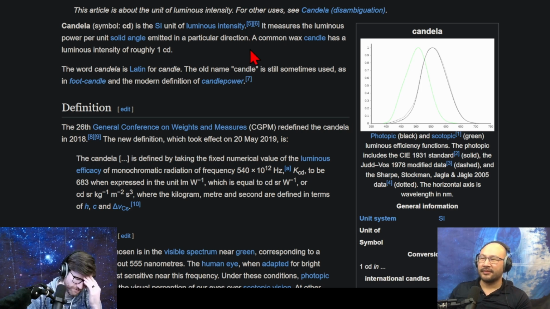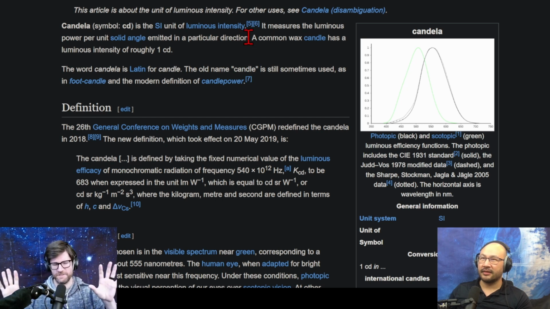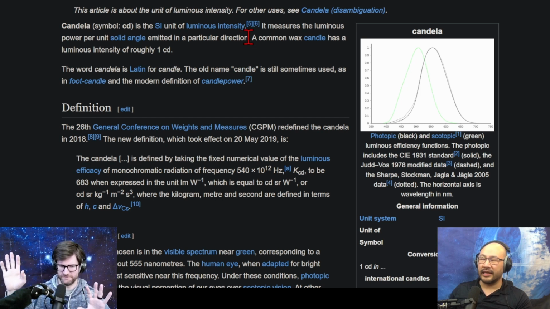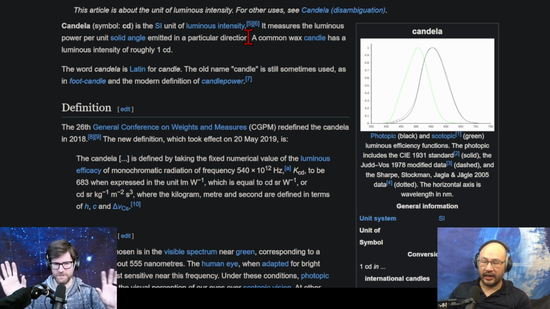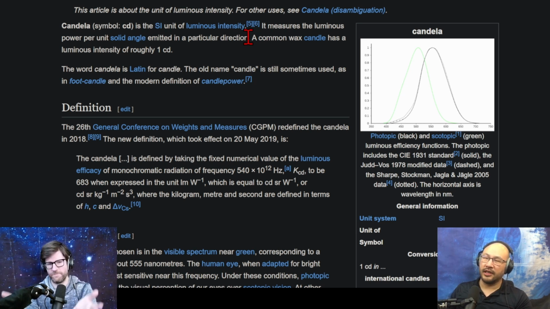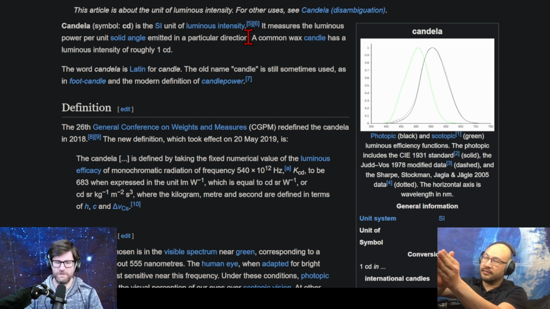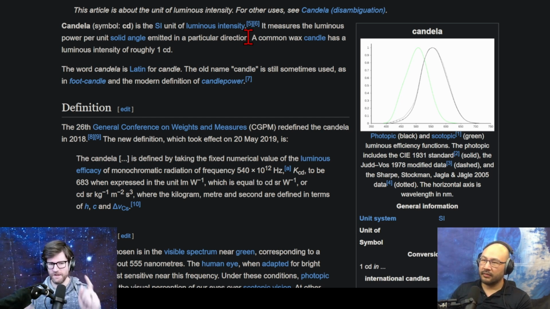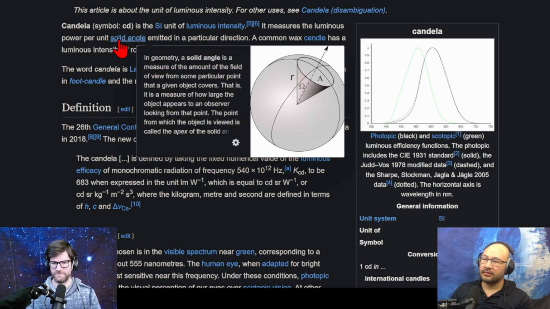But assume steradian is a unit itself, a solid angle, this cone stuff. Wouldn't solid angle be a base unit over the candela?